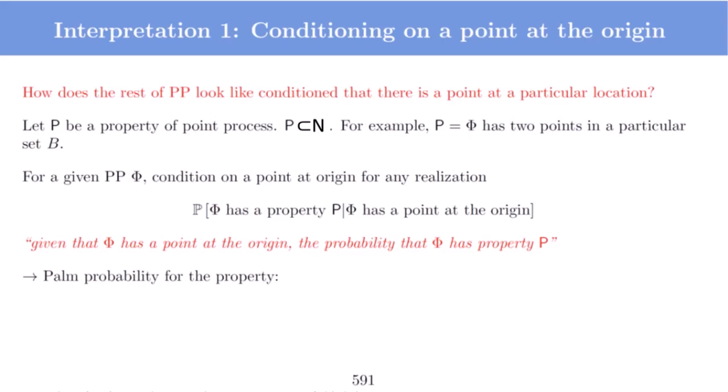So when I say phi belongs to P, it means phi has the property P, or phi is one of the elements of this set P, which is made from multiple configurations of the point process.